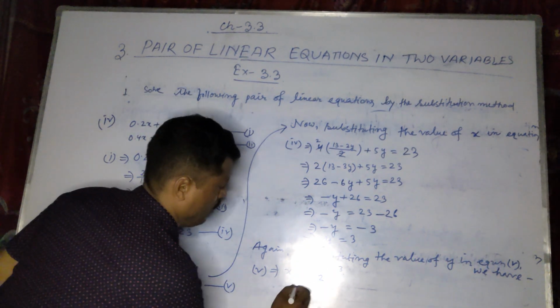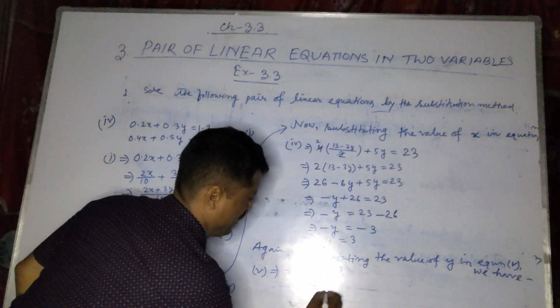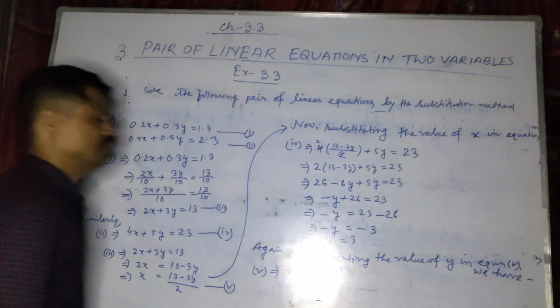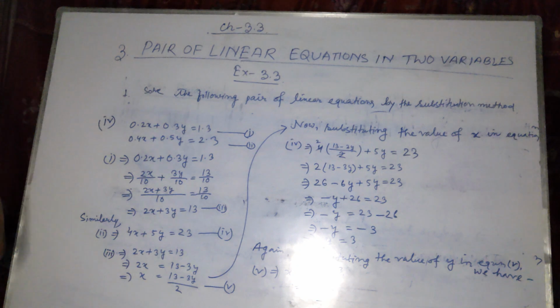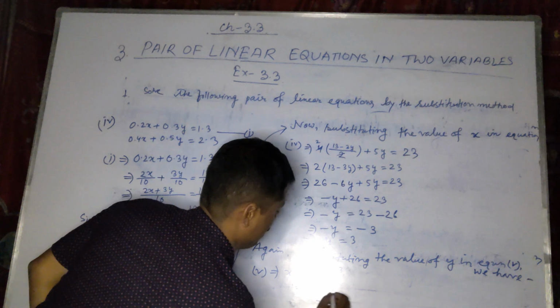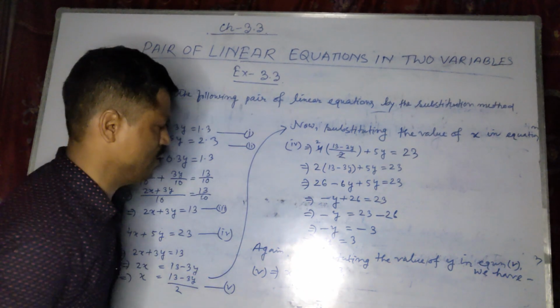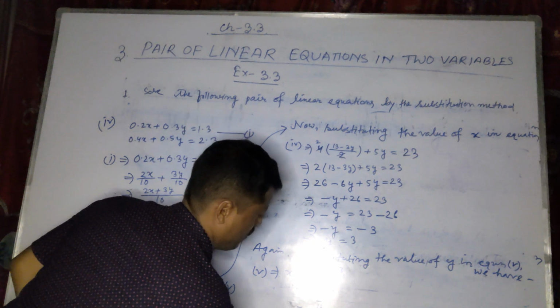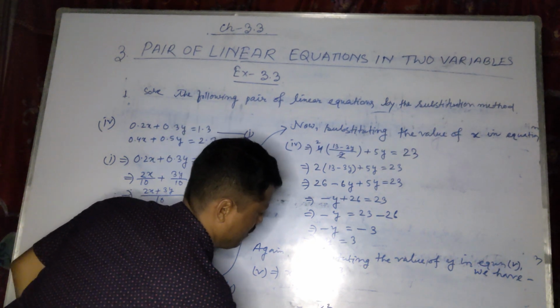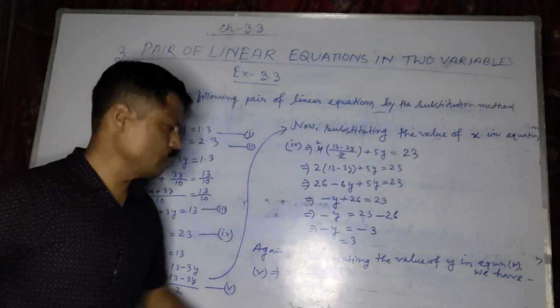So here we can write 13 minus 9 by 2. 13 minus 9 is 4, divided by 2. That means we get 2. So the x value we are getting here is 2.